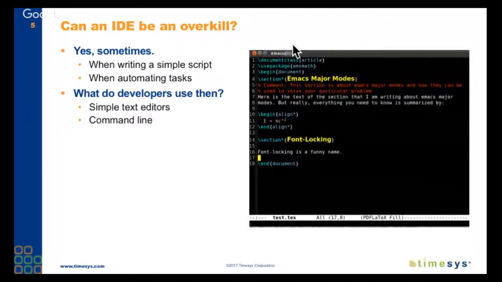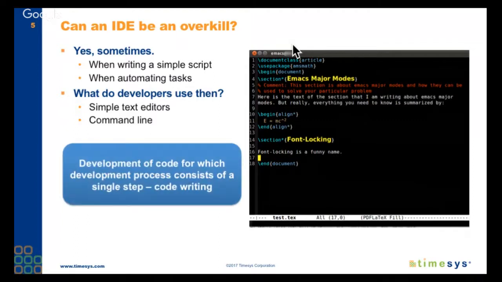In Linux, you're going to find, again, a wide selection of text editors available, from Emacs, VI, Joe, many, many different editors, which offer basic editing capabilities. Or you can also use command line. So in other words, development of code for which the development process consists of a single step, which is code writing, for that type of development, you would be okay with just an editor.